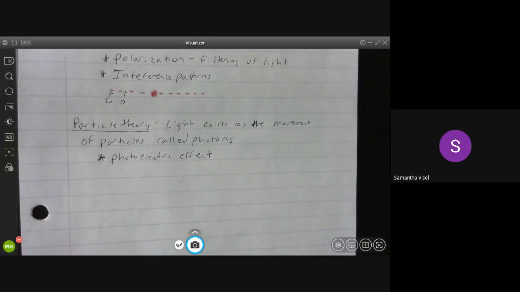And this phenomenon is one that has a lot of physicists kind of scratching their heads because how can light behave like both? Why does light not behave like a wave in this situation?